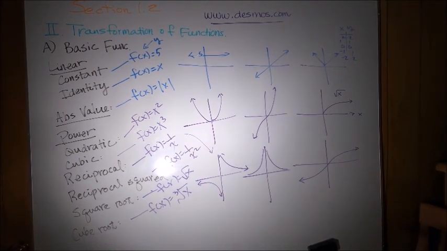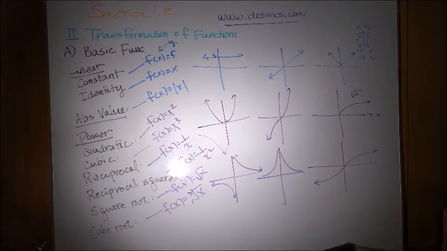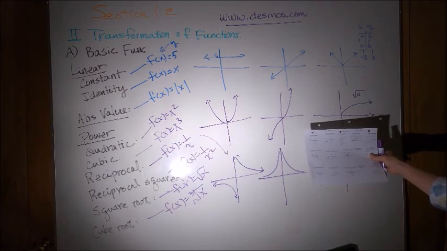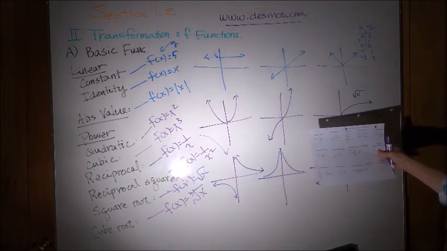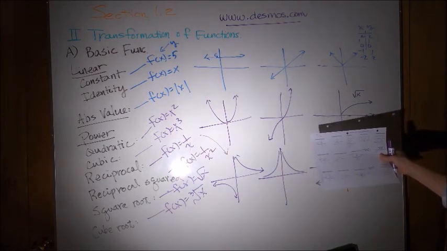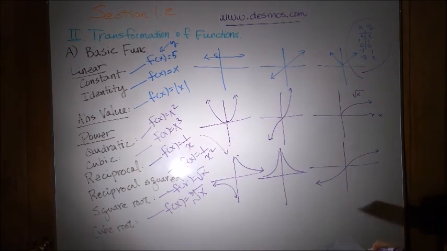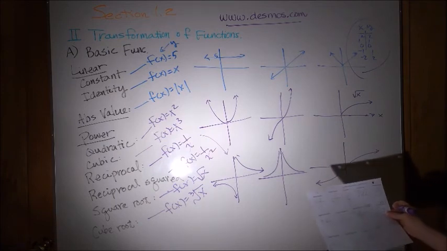Also, take a look at page 6. On page 6, you have all those graphs shown to you. If you don't remember, just use a calculator and try to figure out how to plot those.